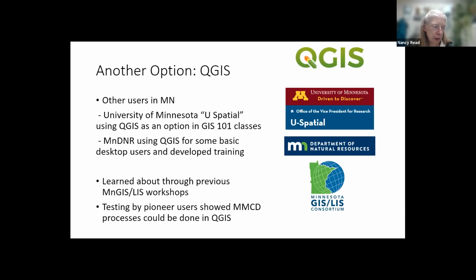And the DNR had been using QGIS in some areas. So we didn't feel like we were going to be a total island. And we appreciate that the GIS LIS Consortium has done previous workshops on QGIS. So that's been very helpful. And we had some pioneer users that tested it and showed that we could do the essential things that we needed to do.